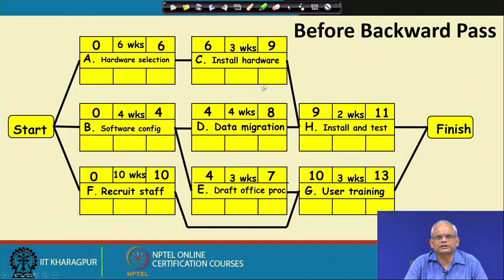Now, let us start the backward pass. The finish here it is 13. That means that both of these have to complete by 13. They have a single successor. So, the thing is very simple, we just write 13 and 13 here.